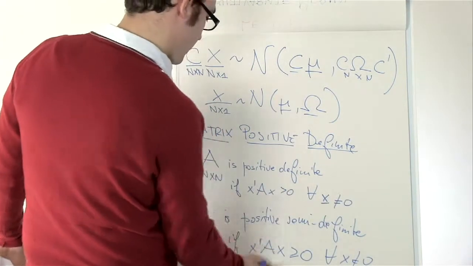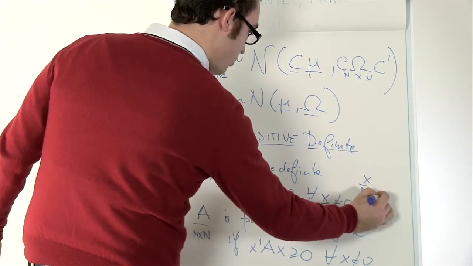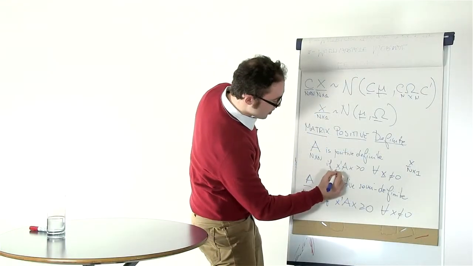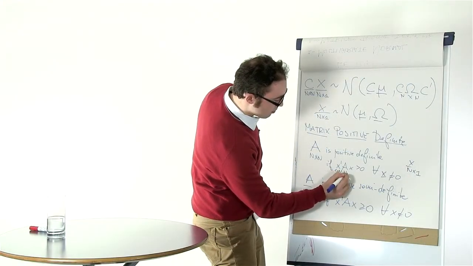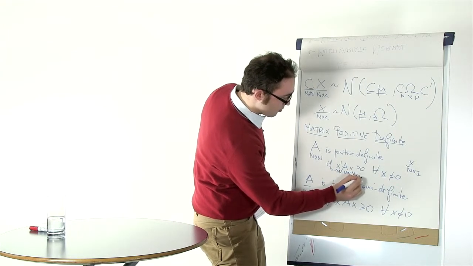In this case x is a vector that is m by 1, and at the end you get a scalar, because this is 1 by m, this is m by n, and this one is n by 1.